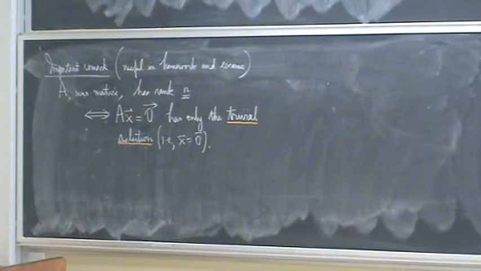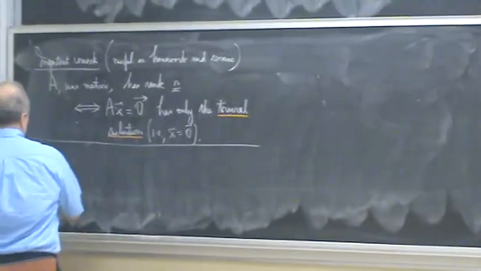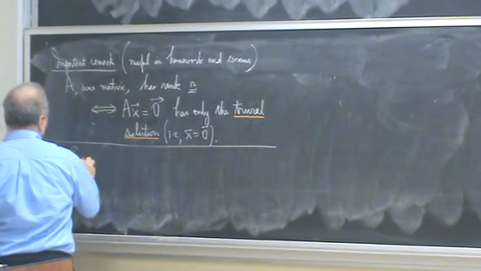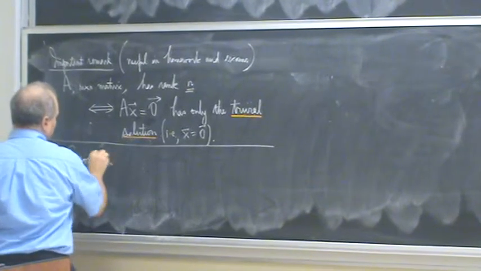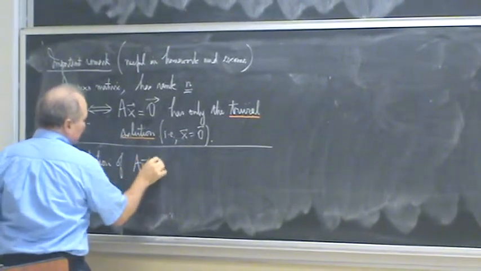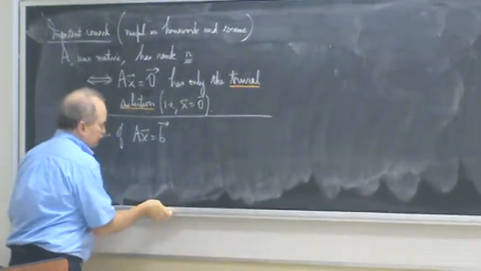All right, so I want to do an application here, and you will have web work like this stuff. So if you have a solution of AX equals B, what does that give you?